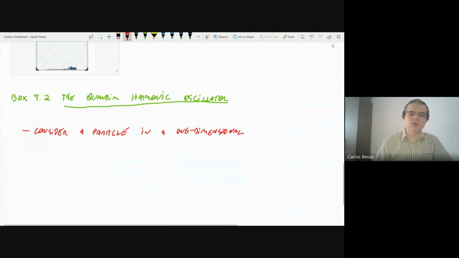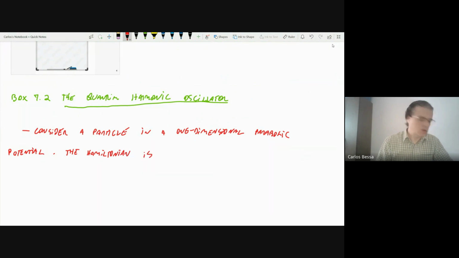So consider a particle in a one-dimensional parabolic potential. The Hamiltonian is given by H equals p squared over 2m.